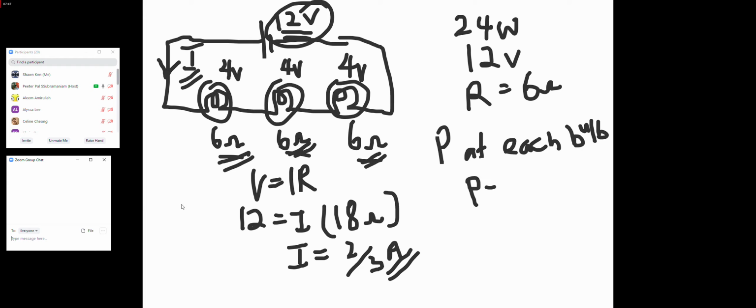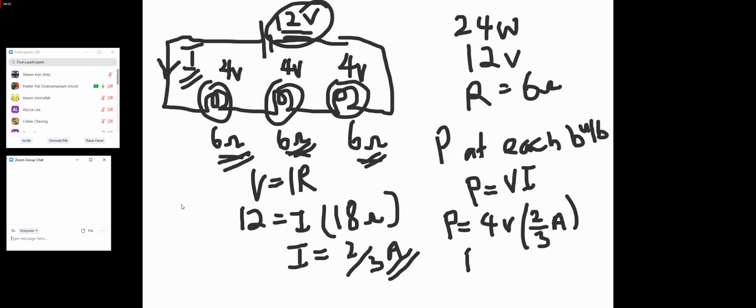P equals VI. Voltage at each bulb is only 4 volt and the current is only 2/3 ampere. So each bulb gets 8/3. 8/3 is 2.66, correct? 2.66 watts only. Any question?